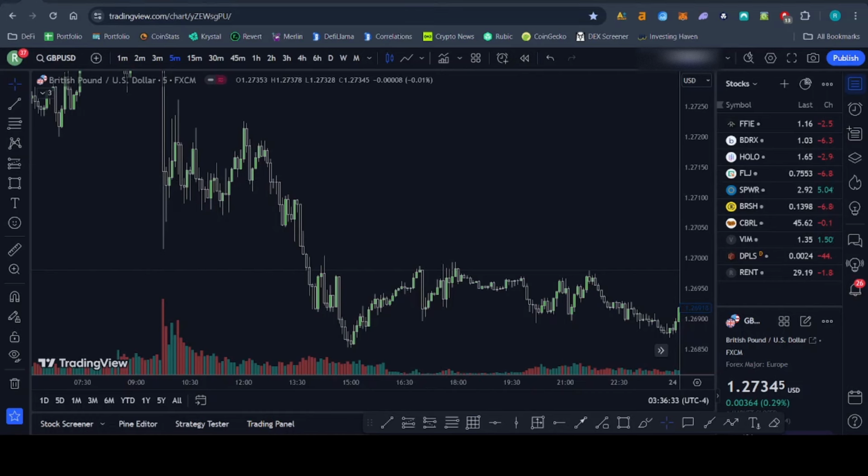So I do recommend that you have a look at some charts and get used to reading the charts and identifying whether the chart is in an uptrend, a downtrend, or if it's ranging. Identify your higher highs, your higher lows, your lower highs, your lower lows, and make sure, for example, in an uptrend, the higher lows are not being broken and closed below, because if that happens, that signifies a market structure shift or a change of character, and potentially the price is going to start moving to the downside.